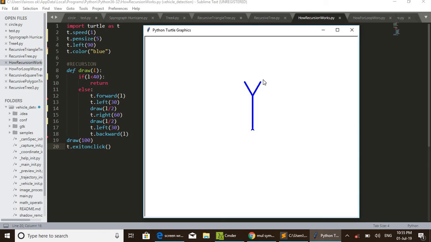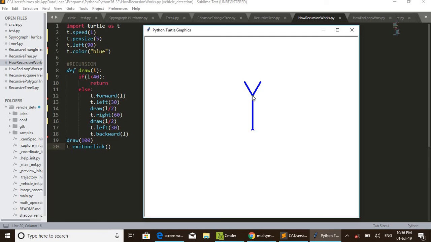Then it turns left 30 degrees and stands in this correct direction, and moves backward L units. That is, backward 50 units and reaches here.